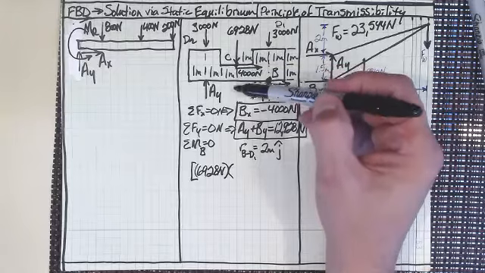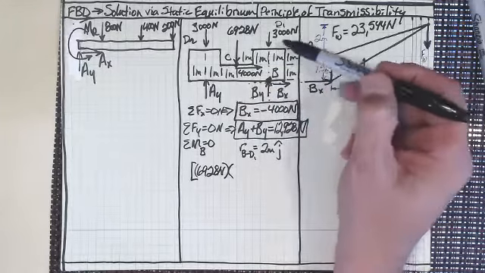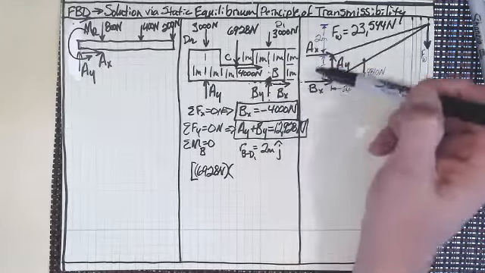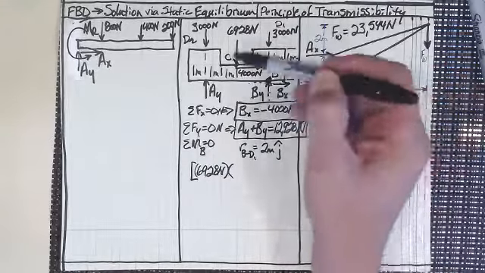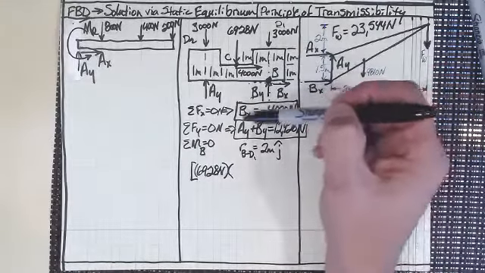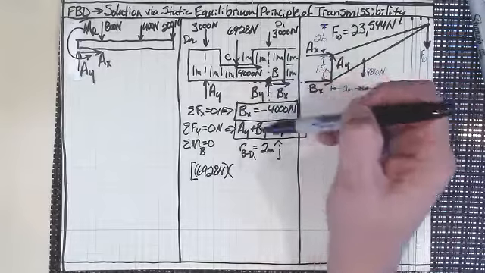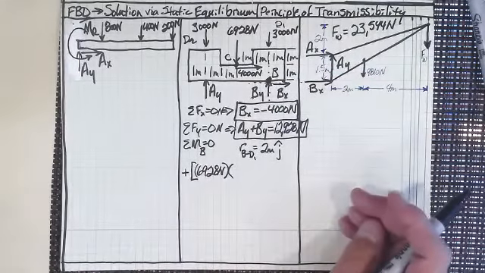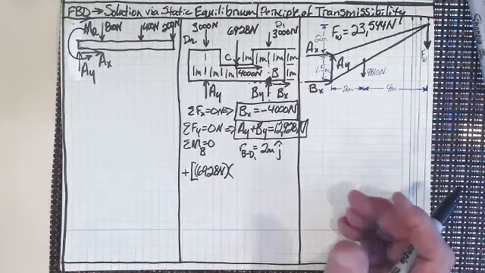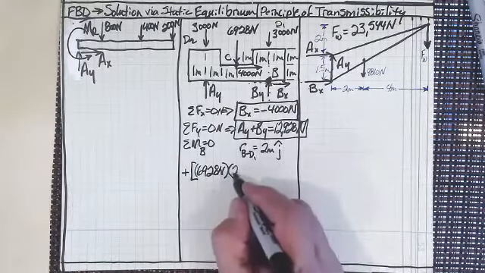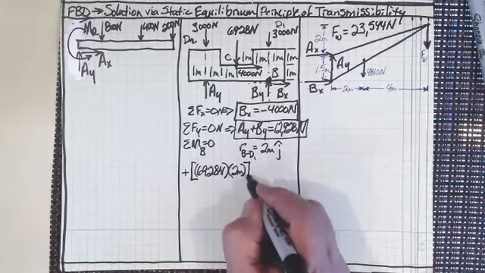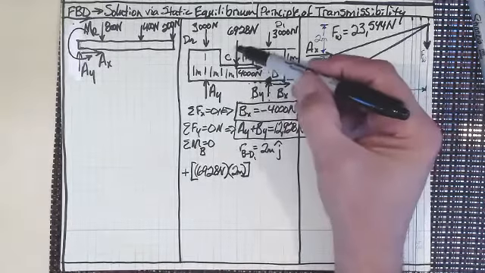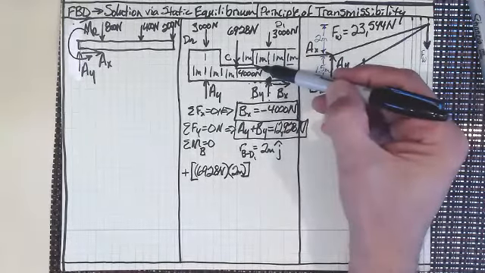So 6928 newtons. And is that going to cause a counterclockwise or clockwise rotation? I think everybody can see that it's going to be counterclockwise, so it's going to be positive, times 2 meters. That's our first moment. That's this moment right here.